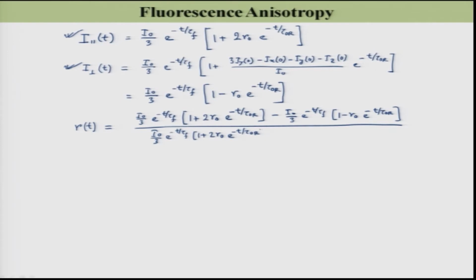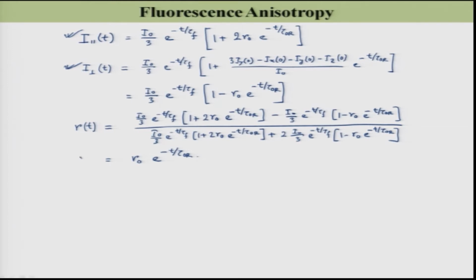You just have to substitute this expression for I parallel and I perpendicular, and simplify it. This looks big, but if you simplify, which you can do later, you will see a very simple form, which is nothing but r 0 into e to the power minus t by tau r.